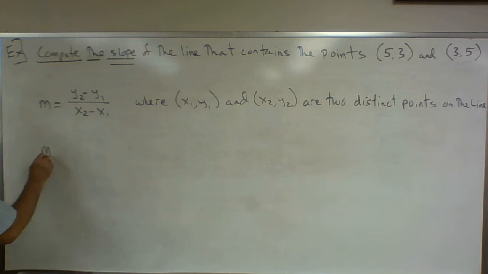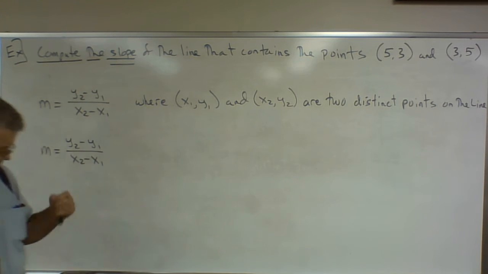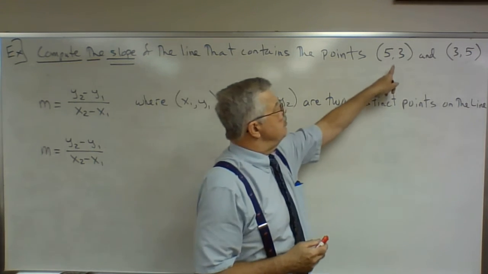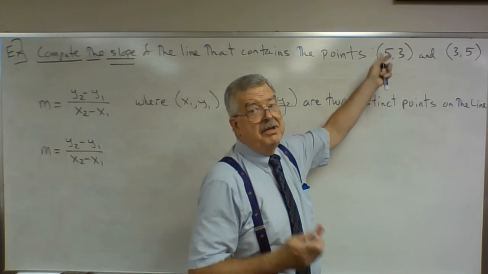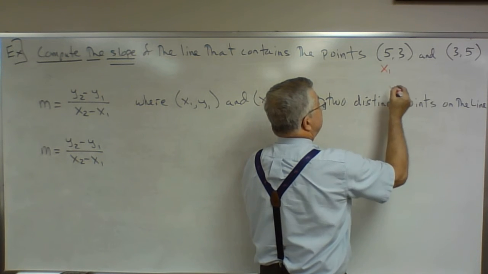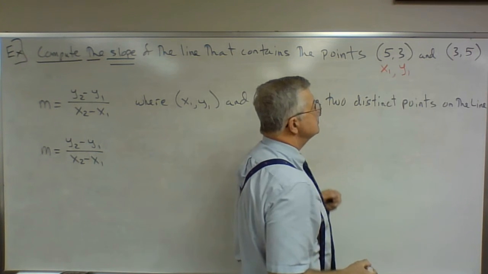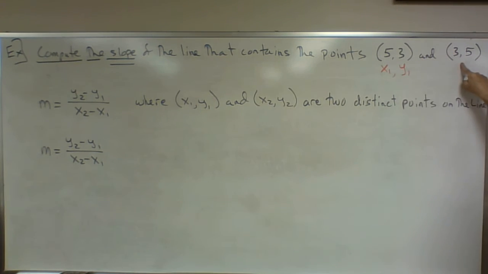So it looks like we have all the information that we need. I'll tell you what. Since this point appears first, let this be the first point. And that will mean that 5 is x1 and 3 is y1. This will be our second point, and that will mean that 3 is x2 and 5 is y2.